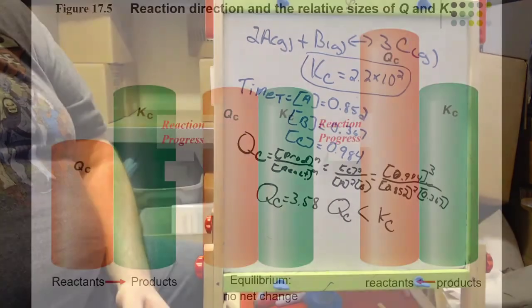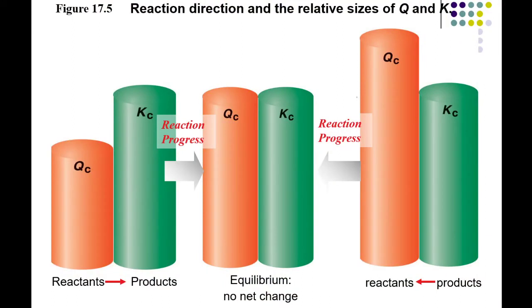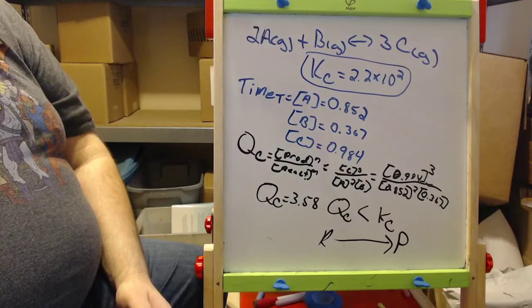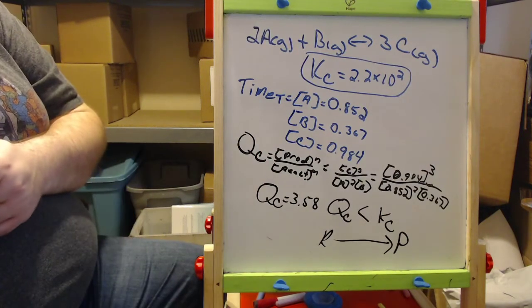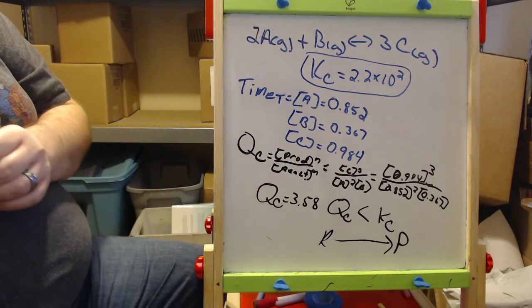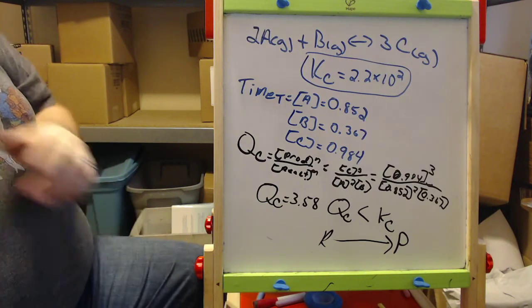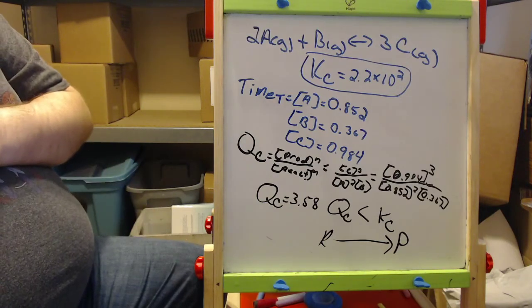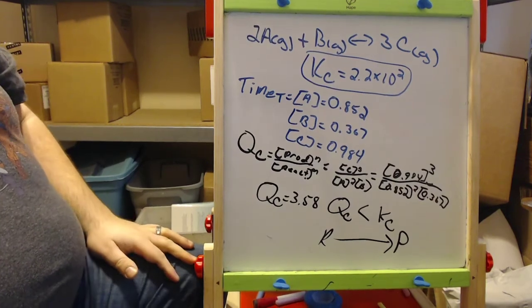So if we go back to the PowerPoint, my Qc is smaller than my Kc. I must be moving from my reactants to my products. I've got a lot more products at equilibrium than I do at this time that we recorded these concentrations.